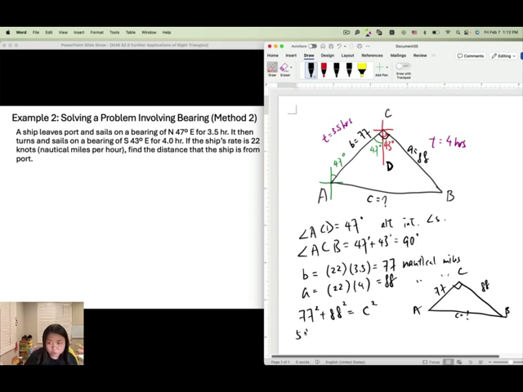We have 5,929 plus 7,744. So C squared equals this number. Then use your calculator, square root of this answer. You should find 116.93. Write down the unit.